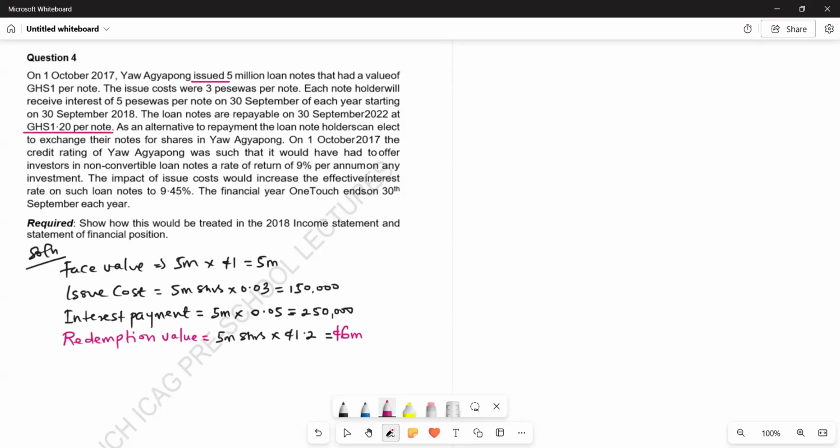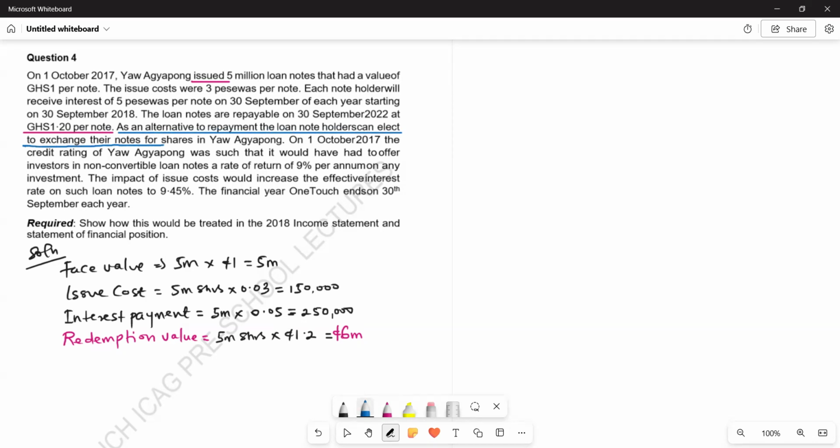Up to now, there's nothing in the question that shows that it is compound. Did you get it? As an alternative to repayment, the loan note holder can elect to exchange their note for shares in the company. This statement tells us that, apart from the redemption at 1.2, they also have the option to convert into shares. It is this additional statement that makes it a compound financial instrument.